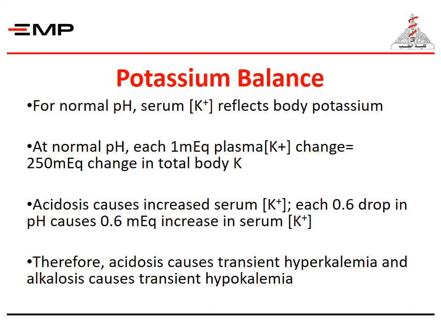Unlike sodium, plasma potassium reflects total body potassium. You can estimate total body potassium excess or deficit from its plasma concentration as shown in the slide. But in case of acid-base imbalances, the estimated potassium excess or deficit must be corrected. Hydrogen ions can move in between fluid compartments.